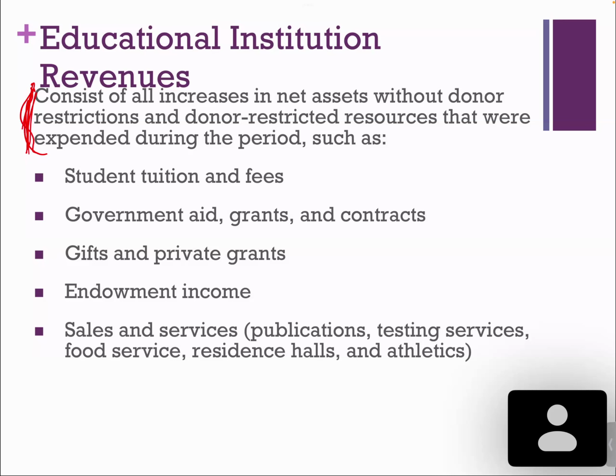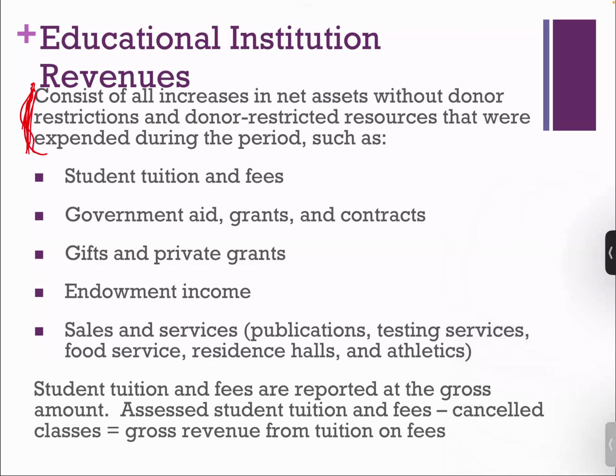Some examples are student tuition fees, government aid grants, contracts, gifts, private grants, endowment income, and different types of services that an institution sells, or things like publications, testing services, food services, residence halls, athletics. So all of that is considered revenue.